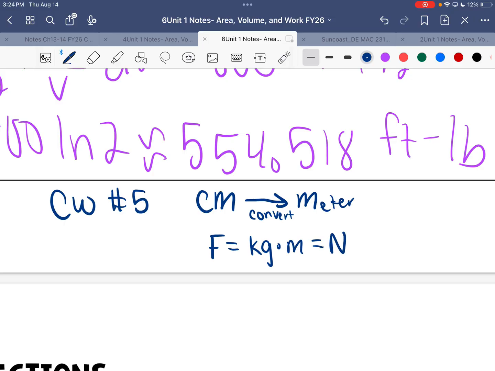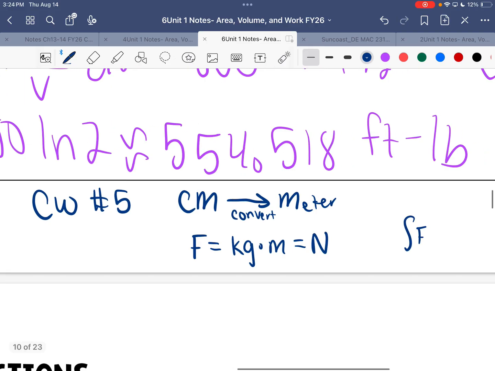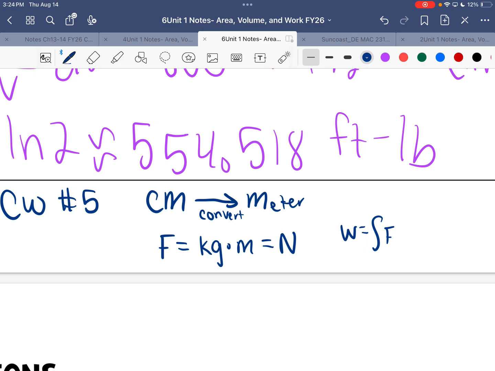So we need meters. And then the integral of force is equal to joules. Newtons times meters is equal to joules. Fun facts for your life. That's for number 5.